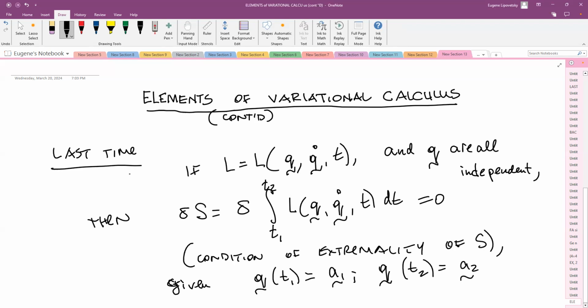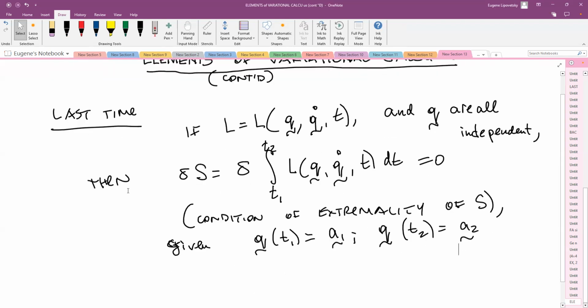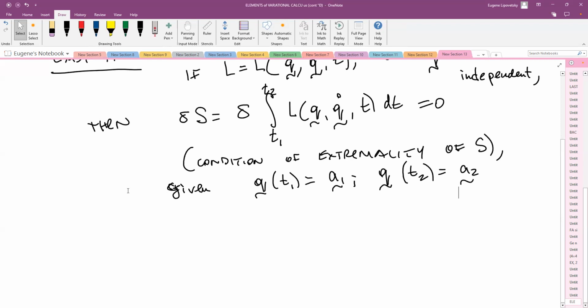The tilde underneath means column vector, by the way. It's a column vector A1, AN, etc., right?